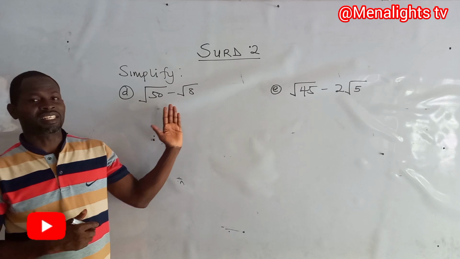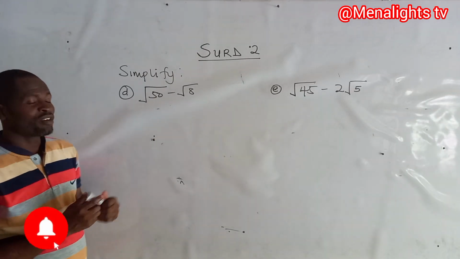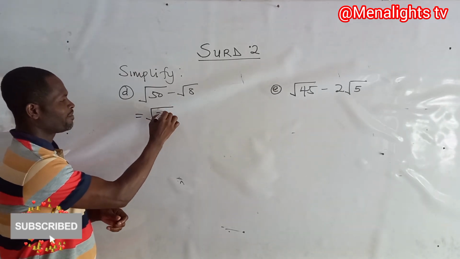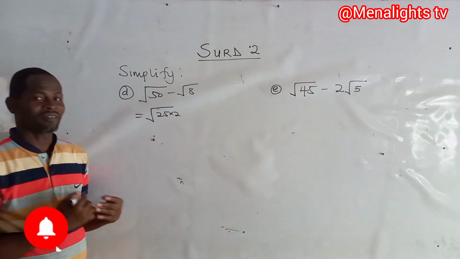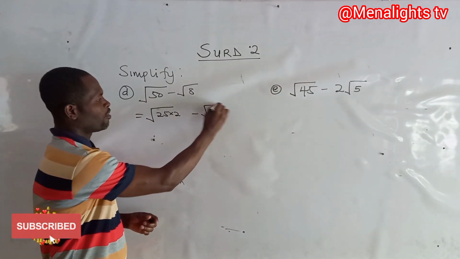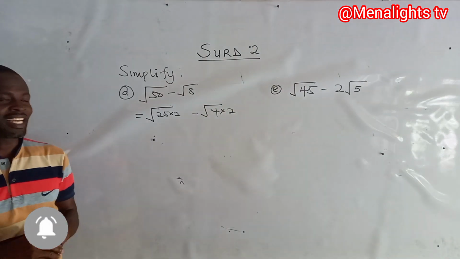The root of 50 minus the root of 8. So we take the root 50, we break it down, we have 25 times 2 will give us 50. Then when you come to 8, the root of 4 times 2 will also give us 8 there.